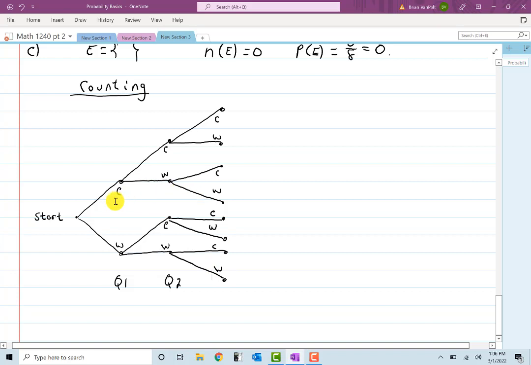Now follow each of these branches to get to what the event was. Starting along here, this is a CCC. Moving here, I get a CCW. Moving on here, I get a CWC. Moving on, I get a CWW. Moving on, I get WCC.